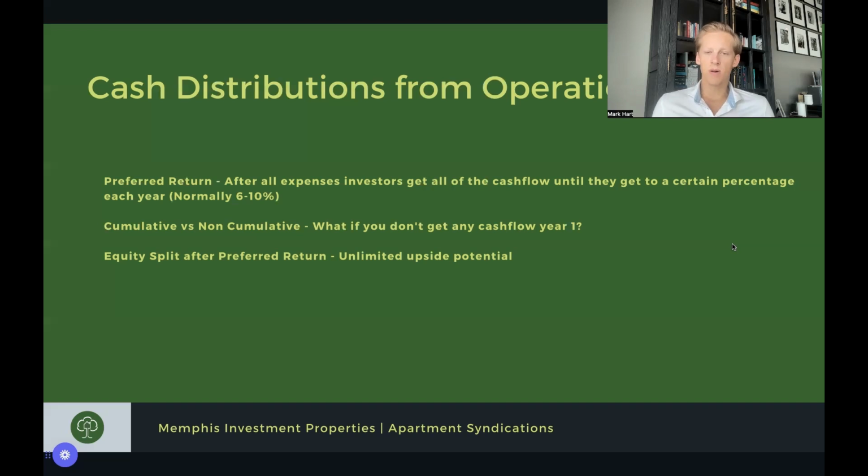So if the sponsor buys a really great deal, they buy it off market, it's expected to have a really great return on investment. You might see an equity split of like 50-50. If you buy something that is new construction, slim margins on the market, you might see 80-20, even 90-10, right?